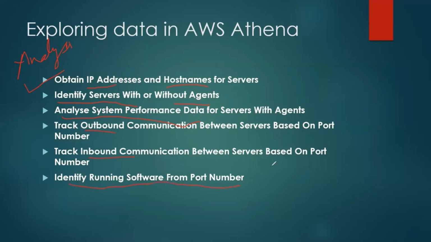So we will assess the servers from various aspects: the performance of the server, the inbound and outbound connections the servers are making, what software is running on the servers, and to what port numbers they are making the connections. Again stressing that the more information we have, the more we can create a similar kind of infrastructure over the AWS cloud. So we will gather all that information using AWS Athena.